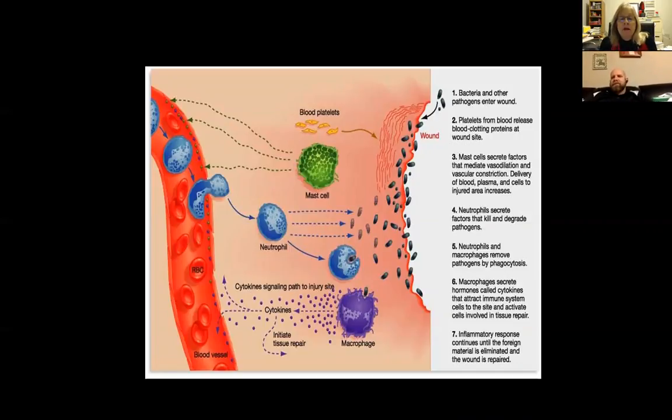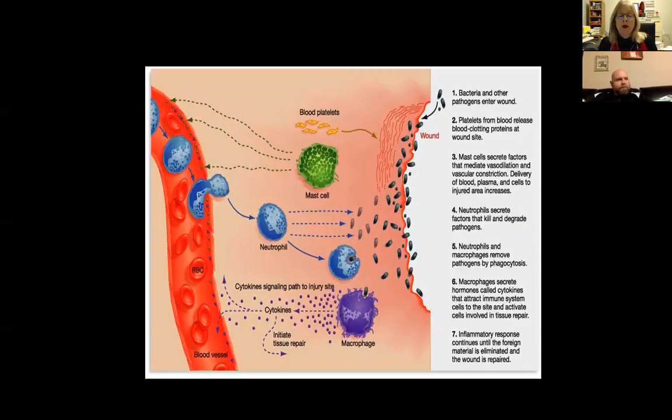We'll have these mast cells that come, and they make your blood vessels get bigger. They also deliver more blood plasma and cells to the injured area. Then we have our general fighting white blood cells, neutrophils, that come in. And all of the inflammation comes with the cytokines.